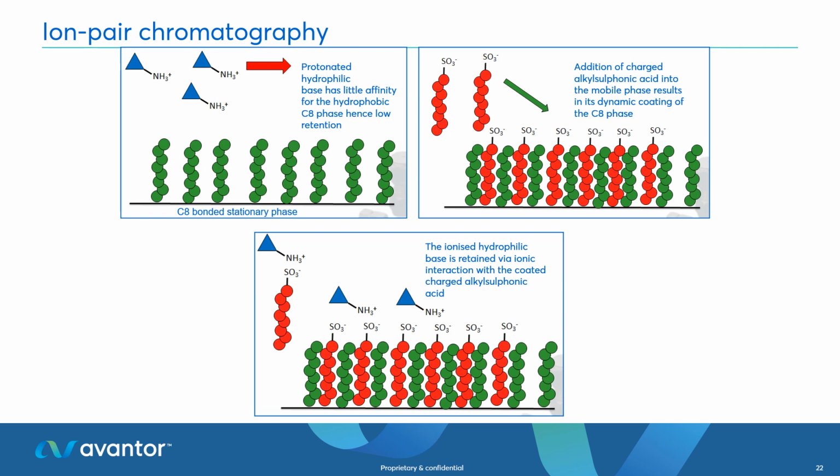So what we can do is add a charged sulfonic acid to the mobile phase or other ion pairing reagent. And what then happens is that this charged molecule, which has a hydrophobic component and also a charged state, is retained dynamically as a coating on the hydrophobic stationary phase, and we now start to see interaction with the charged molecules.